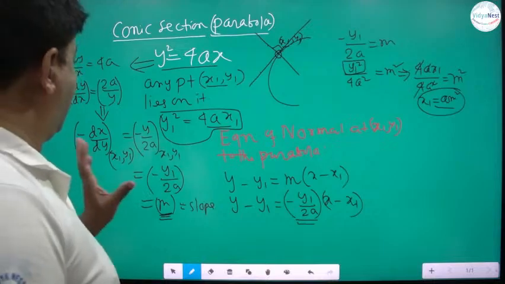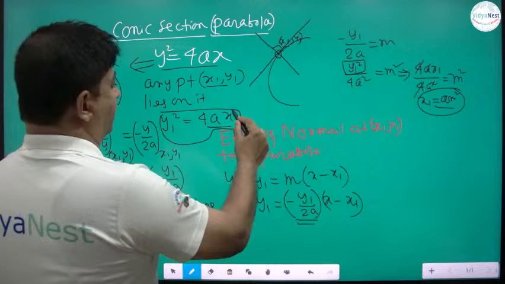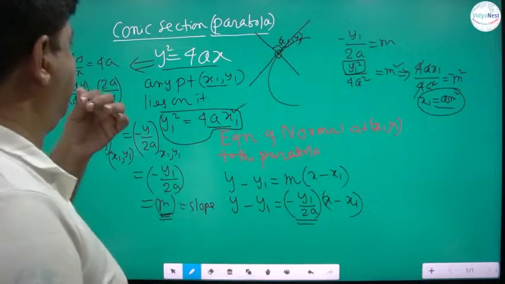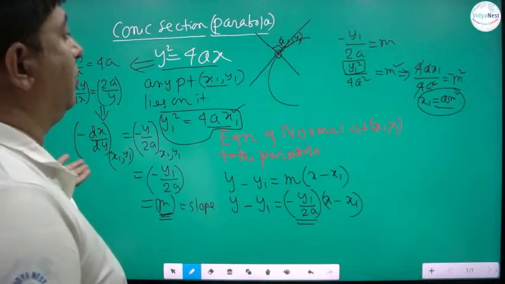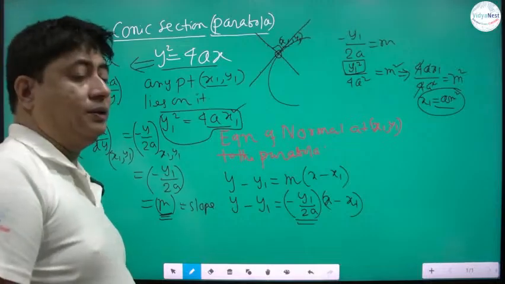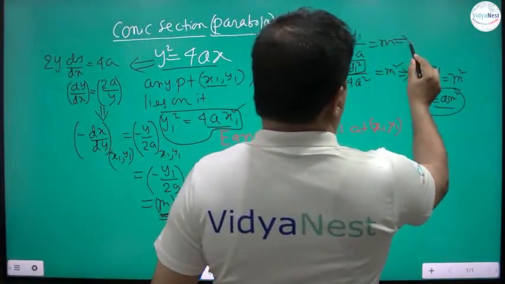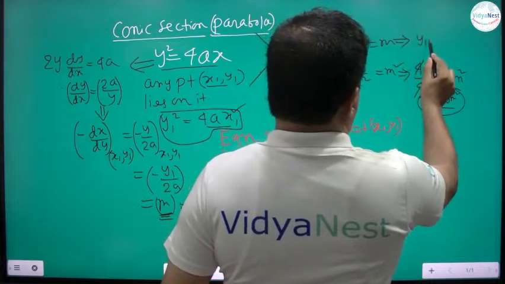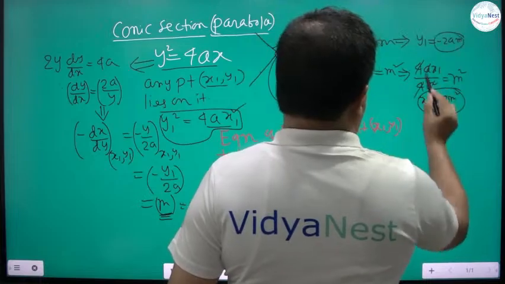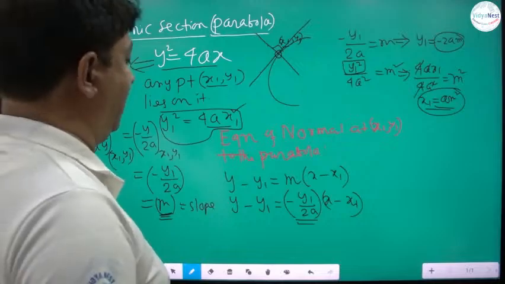Once you get x component is m square, you put it here. Now our role is to find y component. By cross multiply, you will get y1 is equal to minus 2am. So x1 is m square, y1 is minus 2am.